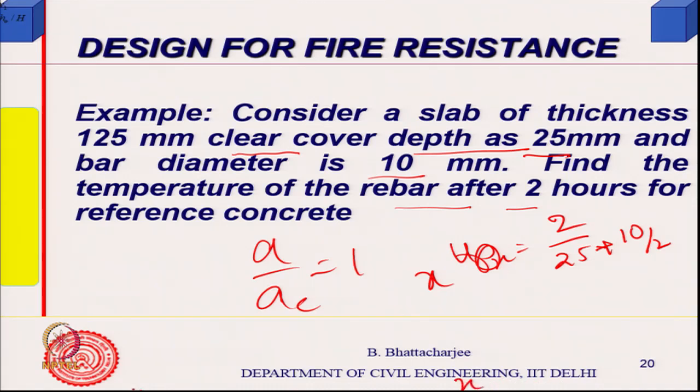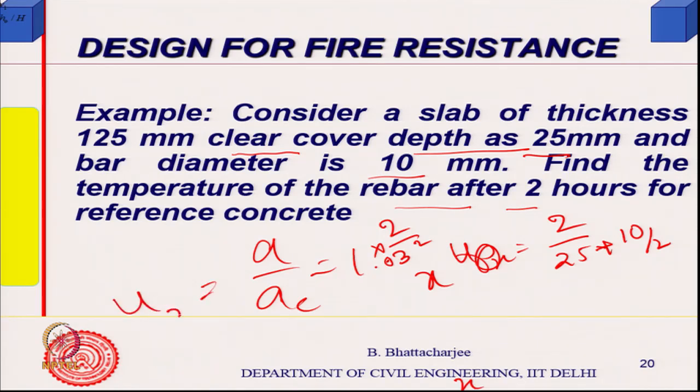So, x T is 2 hours by 30 square, because it has to be in meters. 30 mm is 0.03, because 10 mm plus 25 mm, 30 mm is 0.03 square.